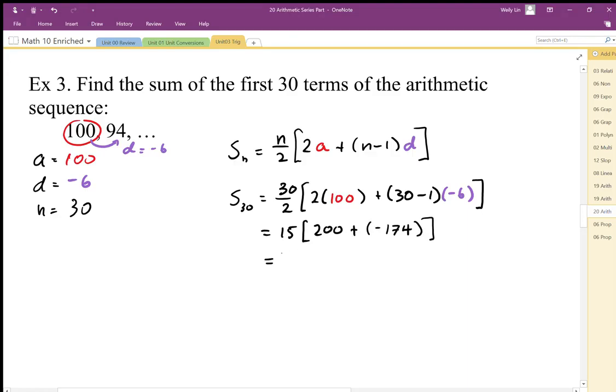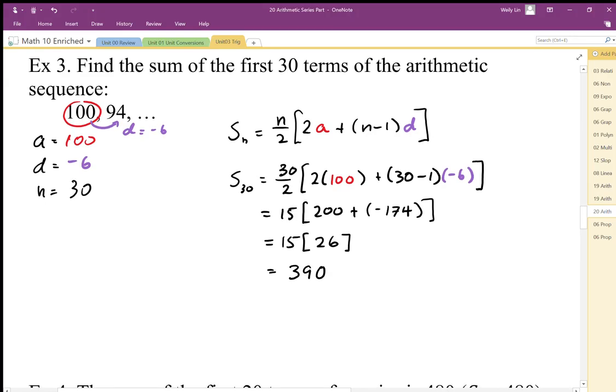So we end up with 15 times, this ends up being positive 26. 15 times 26 is going to be 390. So the sum of the first 30 terms, or S30, is going to be 390. There's 30 terms in this sequence. Some of them are positive, some of them are negative, and we sum them all up. We get a total of 390.